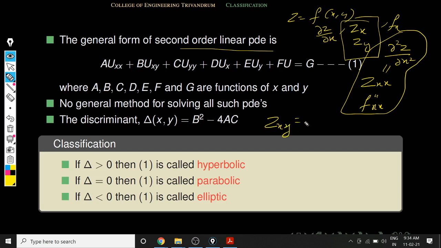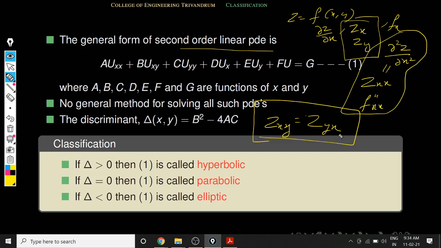What is zxy? Zxy means we differentiate z with respect to x and y. In general, but in case of practical applications, these two derivatives are the same. Here zxy stands for, suppose first we differentiate with respect to y, then we differentiate with respect to x.